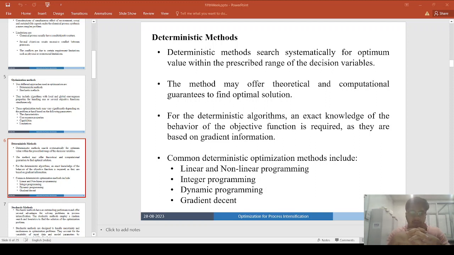For that you might solve the species conservation equation. So there you need exact knowledge of the behavior of the objective function. Your objective function is to optimize the mass transfer, so you will solve the species conservation equations, because you are interested in how much of the species concentration is getting transported.